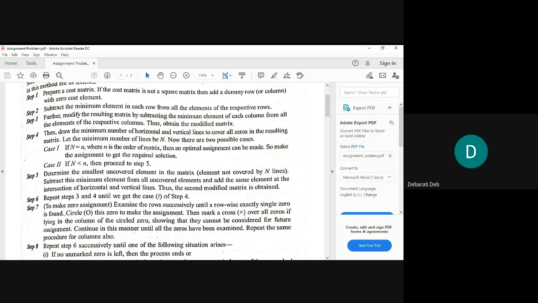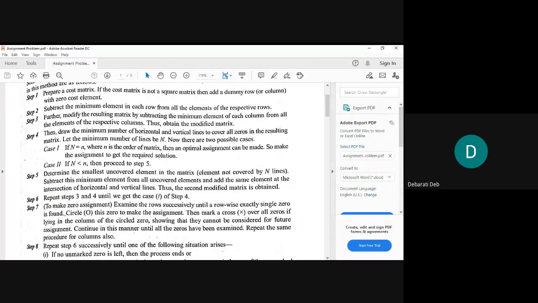First case is if capital N is equal to small n, where small n is the order of the matrix. That means, is it 2 cross 2, 3 cross 3, or 4 cross 4? That is called the order of the matrix.